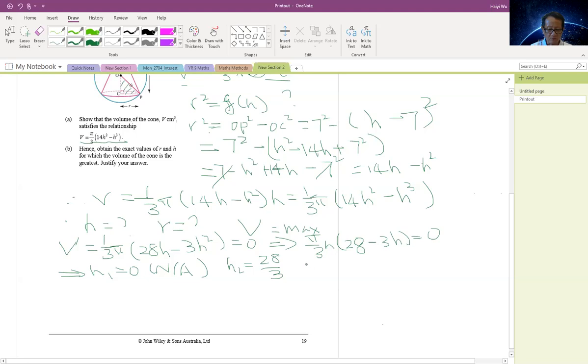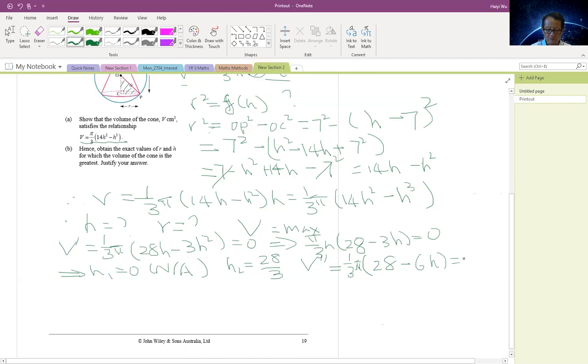When h equals 28 divided by 3, the volume could be a maximum or a minimum, we don't know. So how do we test whether it's a maximum or minimum? We need to do a second derivative. Let's do V double dash, which is differentiating: 1/3 of pi times (28 minus 6h).